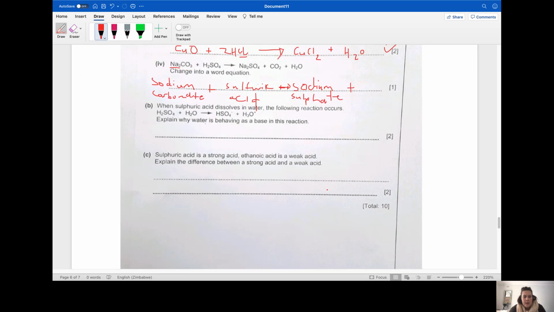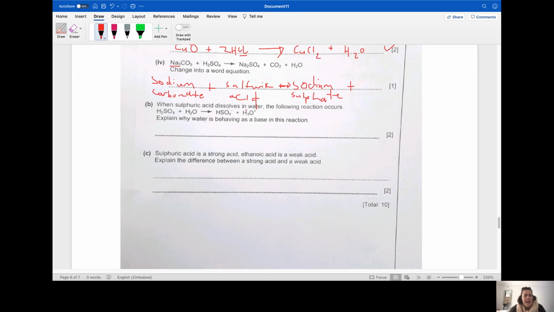Question B, when sulfuric acid dissolves in water, the following reaction occurs. Explain why water is behaving as a base. What they're asking you here is basically what is a base? Can you see it's got H2O and then it goes to H3O?